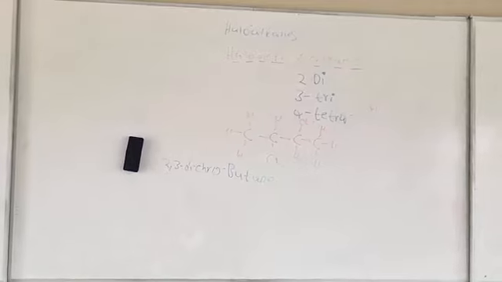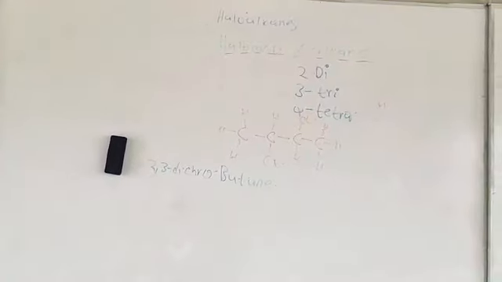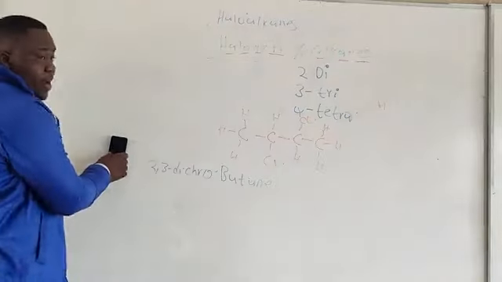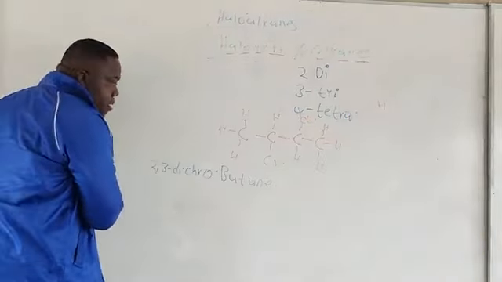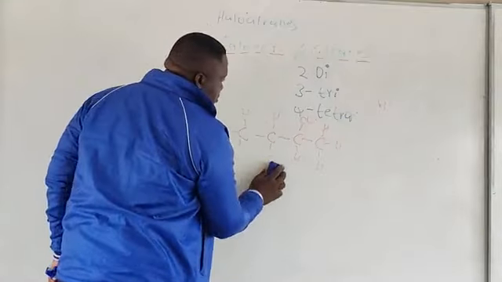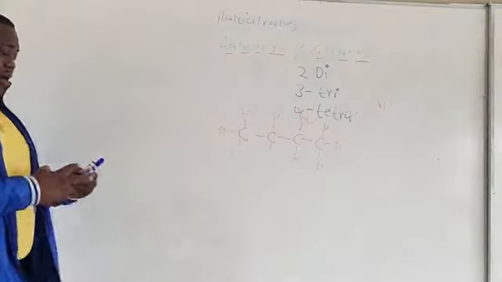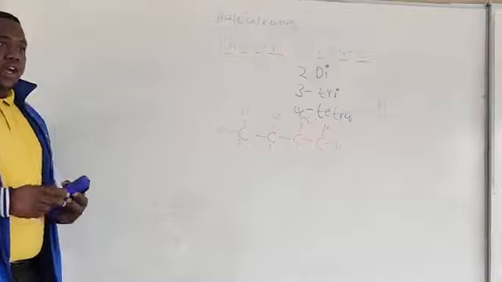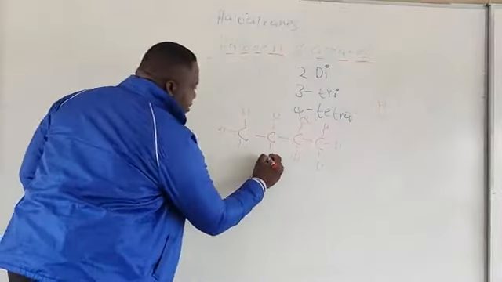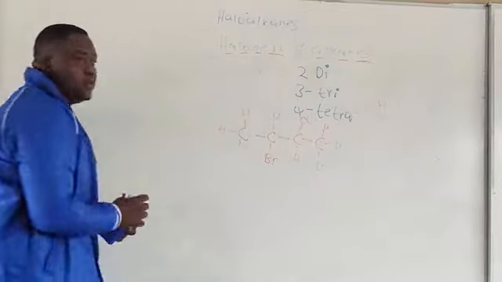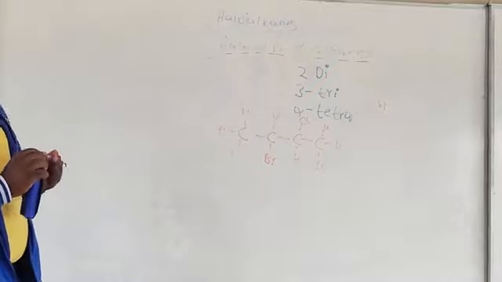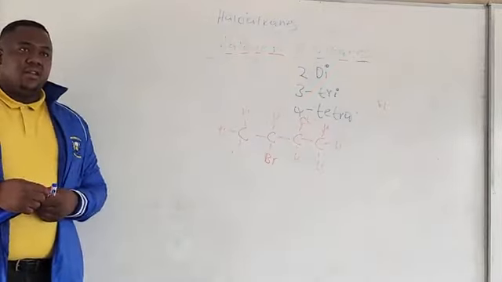We're moving forward, right? I want to show you something new. I want to remove one chloride. Then, let me write a bromine. We have a Br. Can you see what we have there?